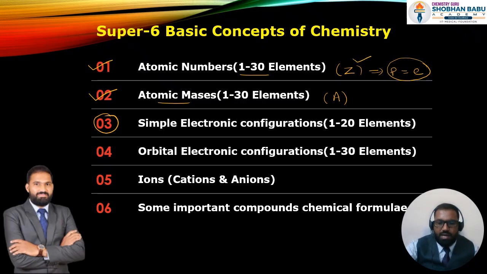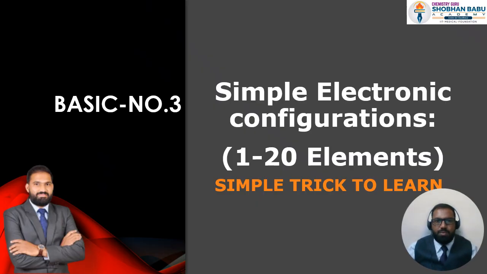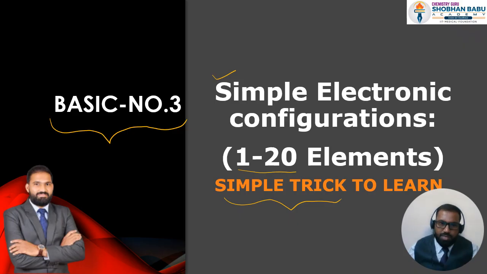In this class we are going to discuss our third basic, that is the 1 to 20 elements simple electronic configuration. First of all, we have to know what we mean by the simple electronic configuration. With a simple trick we are going to learn it. We have to understand each and every basic from the starting, then you can understand this also.